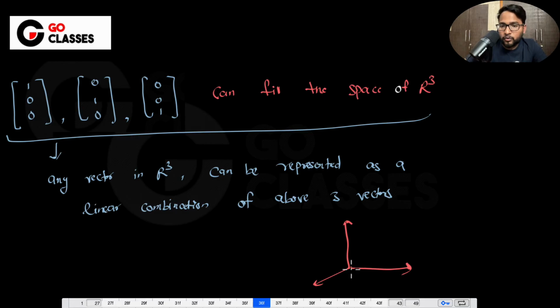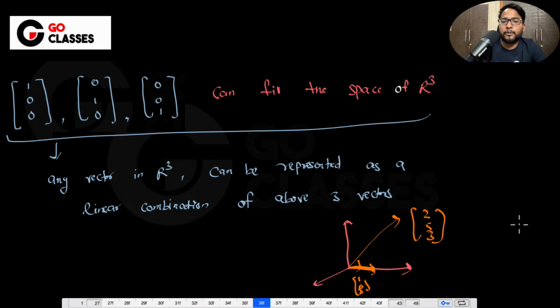Then you take twice this vector, 1 0 0, which is 2 0 0, then 5 times this one and 9 times this one, and finally you have 2 5 9, which you can represent as a linear combination of these 3 vectors.